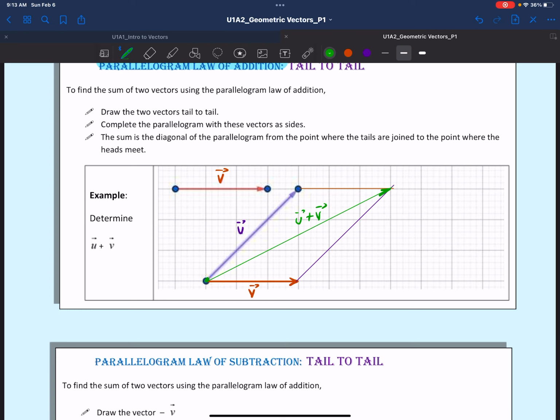Now, we're thinking, how do I know that this method works? I understood the triangle law, but do both methods give the same answer? So let's give it a try by using the triangle law of addition. So I'm going to start off with drawing the vector u.